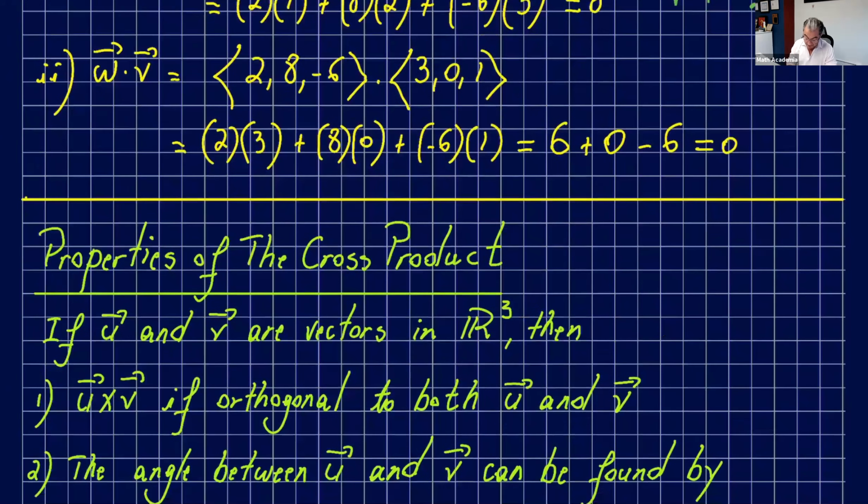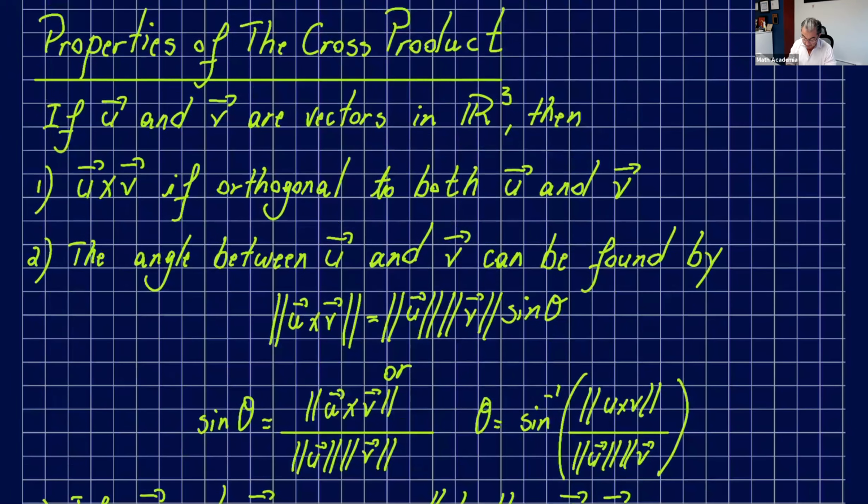Now let's go over the properties of the cross product. If u and v are vectors in R3, then u cross v is orthogonal to both vectors u and v. We saw that.